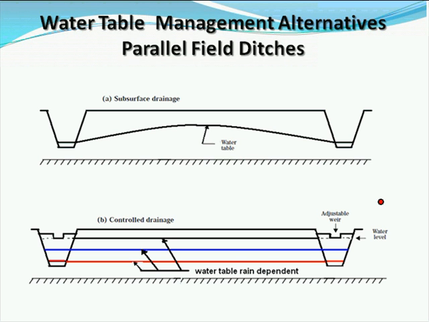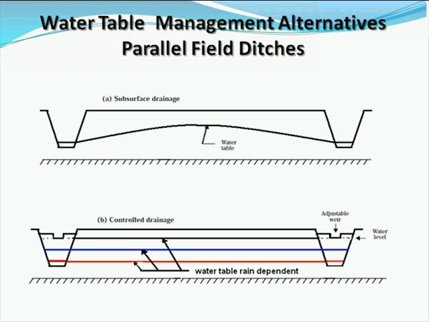With controlled drainage, if you had water level control structures on your field ditches and raised the water level, then early in the season or when the water table was high, you could build the water table up to the elevation of the weir.